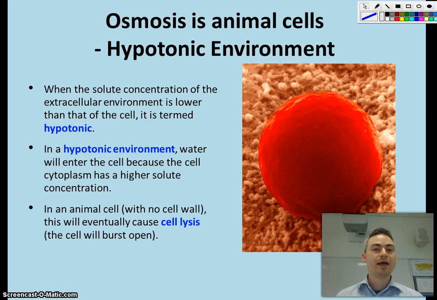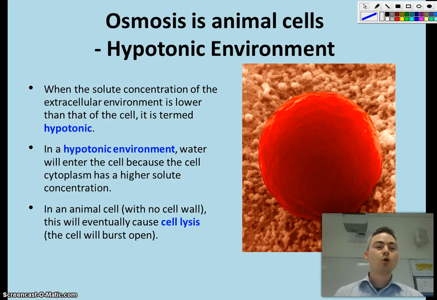Let's look at animal cells and plant cells separately, because the outcomes are slightly different as a result of osmosis. If the animal cell gets put in a hypotonic environment, and that is where the solute concentration of the extracellular fluid is lower than that of the cell's cytosol, then that environment is hypotonic, lower concentration on the outside than inside the cell.